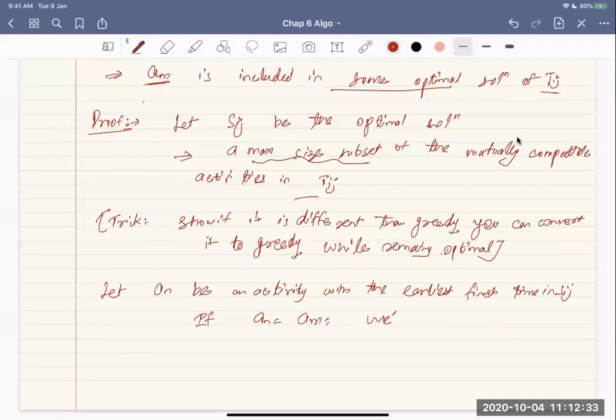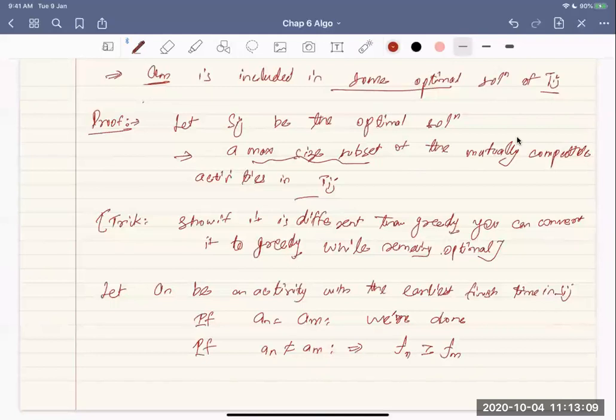Don't have to prove anything because the greedy solution is coming into optimal directly. But otherwise, if An is not equal to Am, can you say something about some connection between An and Am? Because Am had the smallest finish time among all Tij. So An's finish time has to be larger. Yes. Or it has to be same if there were two with the same finish time. So Fn is greater than or equal to Fm.